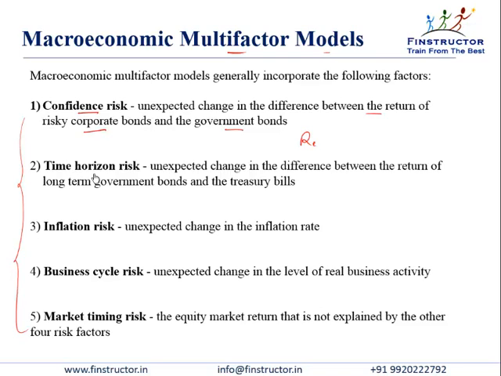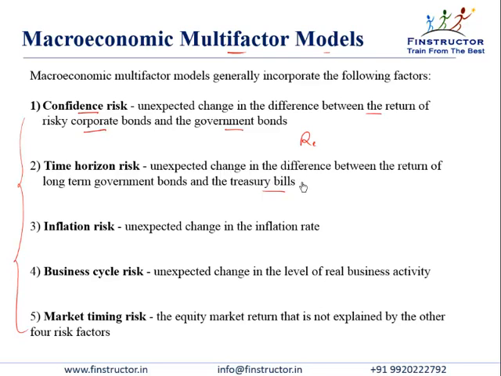There is a time horizon risk, that is the difference between the return of long-term government bonds and treasury bills. So if long-term rates go up, equity values are calculated by discounting long-term cash flows. Then that is additional risk, because there is no guaranteed fixed return that I have been promised.